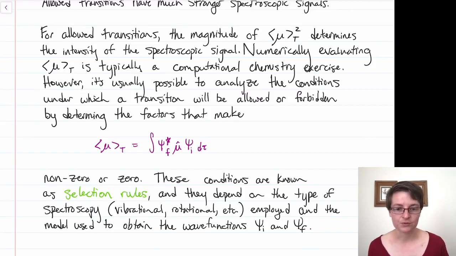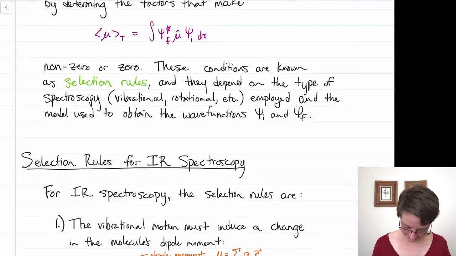So as we go through the remainder of the course, I'll be bringing up these selection rules for different types of spectroscopy as we discuss each type in turn. So for today, we're talking about vibrational wave functions and vibrational energies. So we're going to end off today's lecture talking about vibrational selection rules.